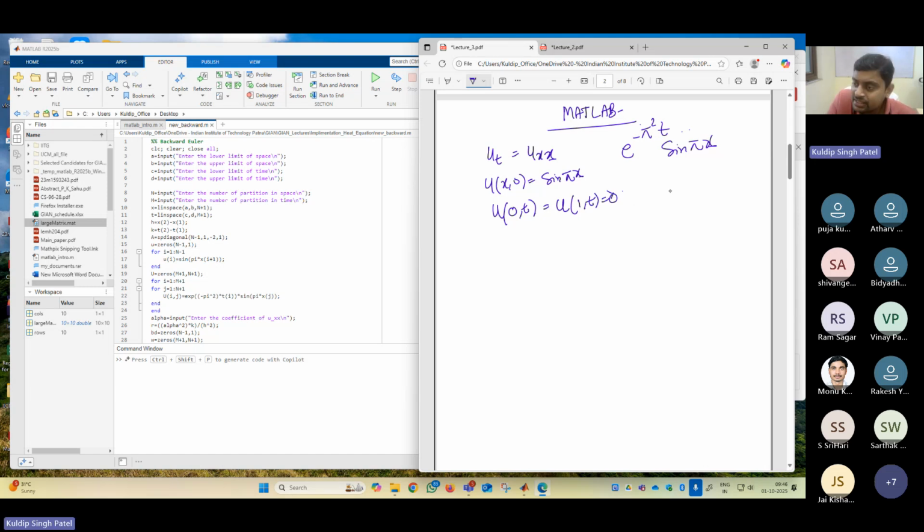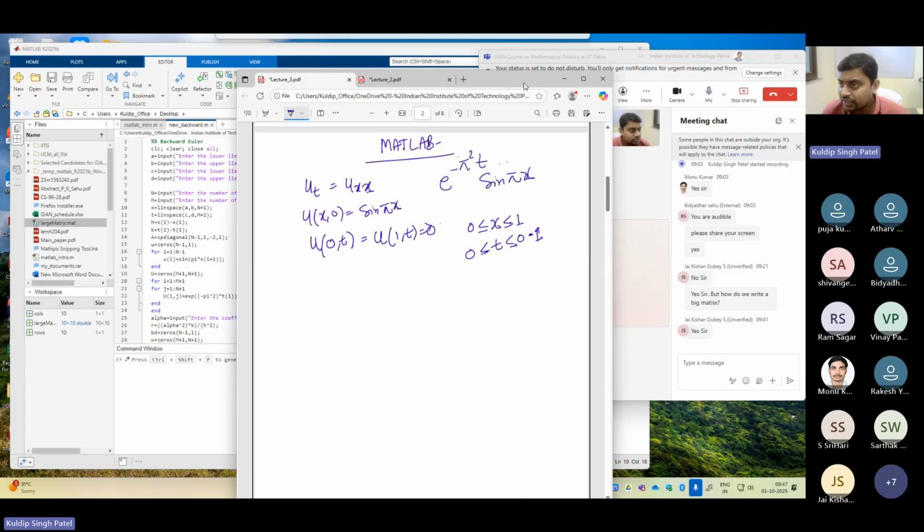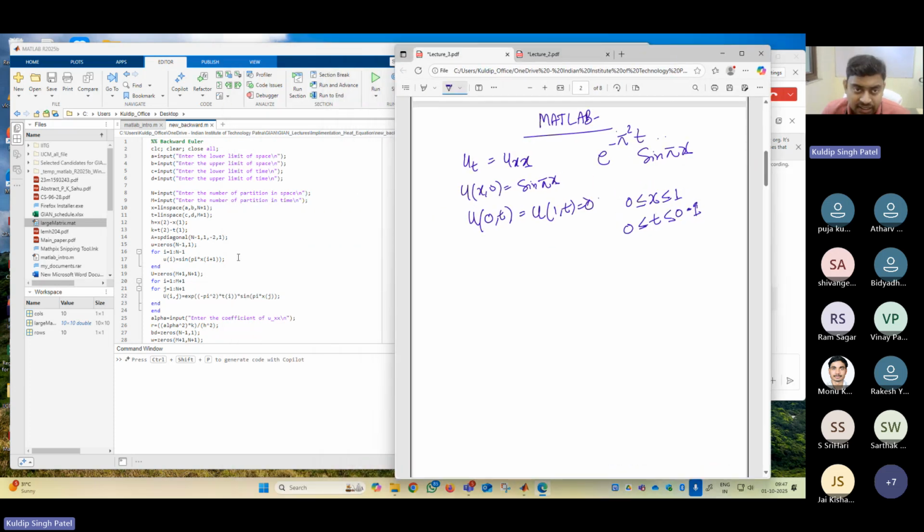That means x, suppose we are taking from 0 to 1, and t, suppose, from 0 to 0.1. That's it, right? Everyone okay? So this is the equation we want to solve.